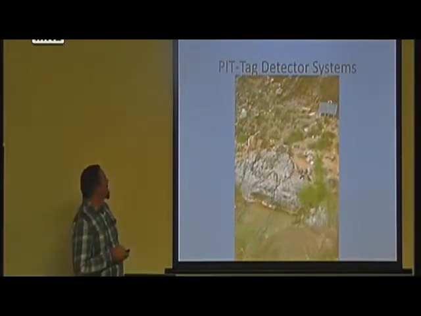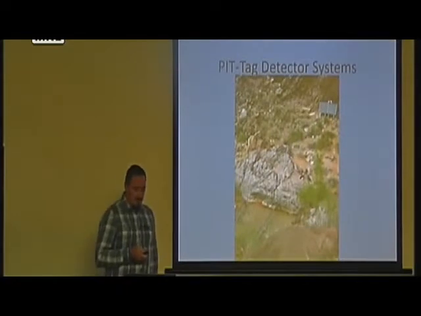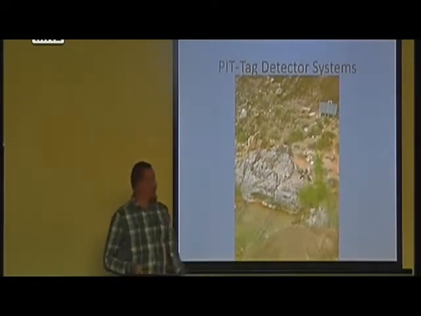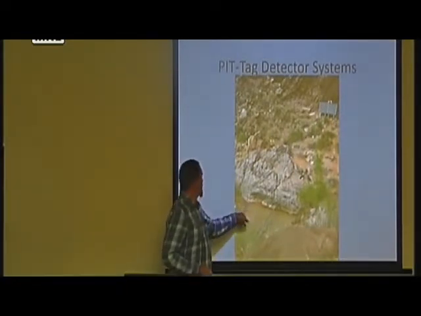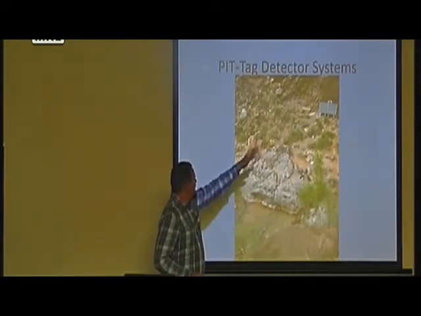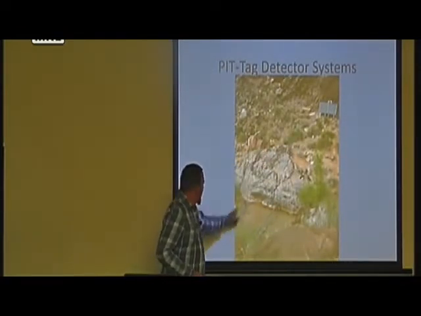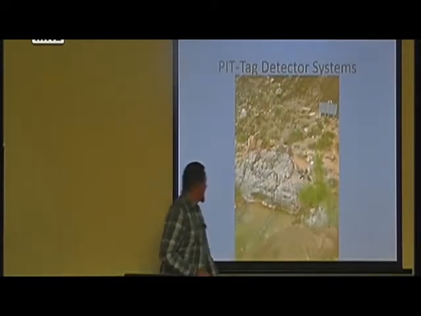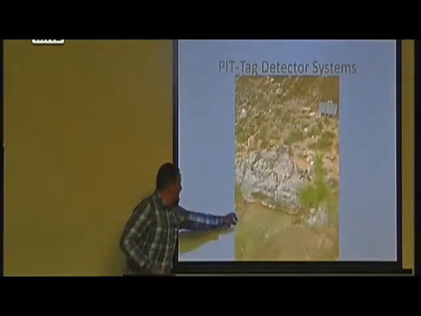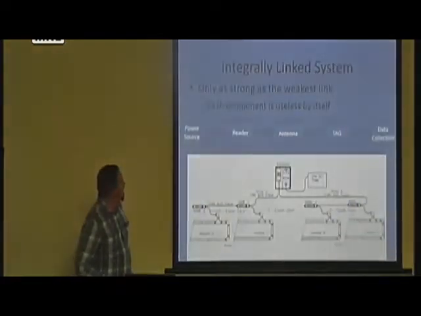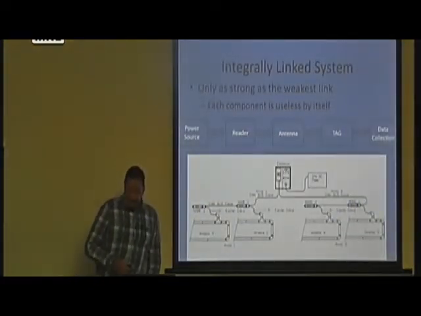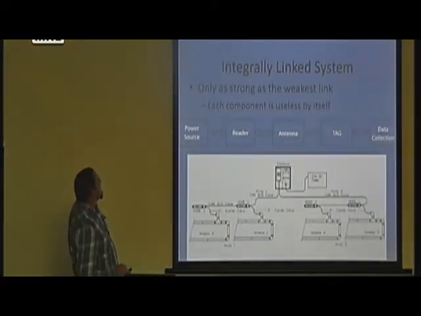So, PIT tag detection system. Here you can see an expanded version of what I just showed you. In a PIT tag system, here's a good example of everything. We've got power, we've got the antennas, and then in the water we'll have the fish. These are the antennas here in the water. So it's an integrally linked system.